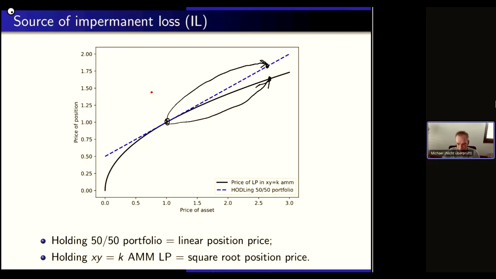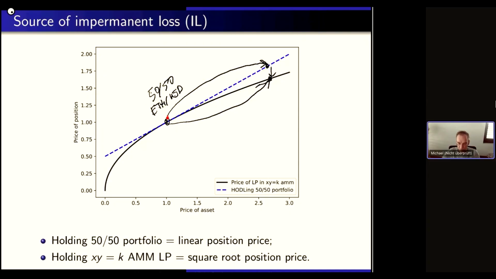So imagine that you have, over here you have 50-50, I don't know, ETH USD, right? And well, if it is still ETH and USD, you have the same number of ETH and same number of USD along this straight line. But if you put in liquidity pool, you actually have less value.